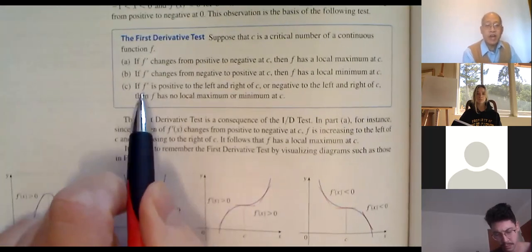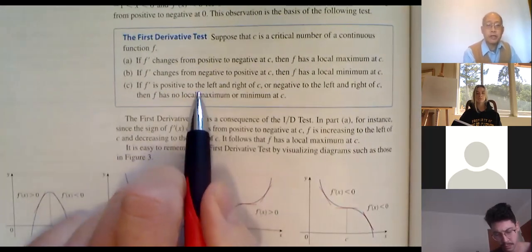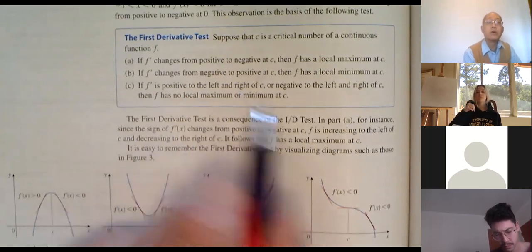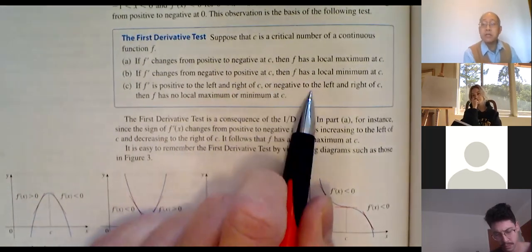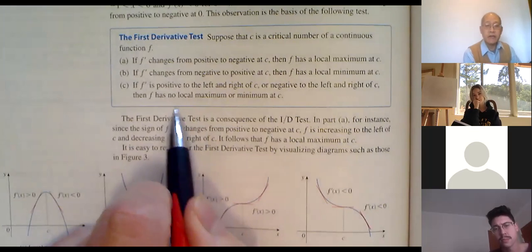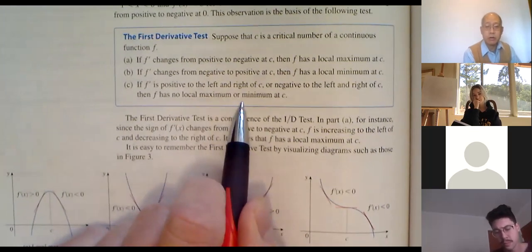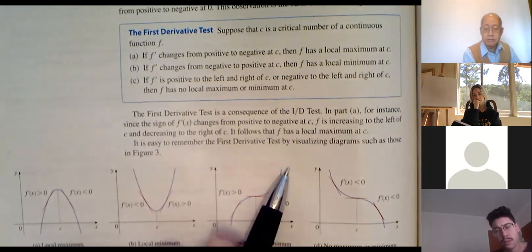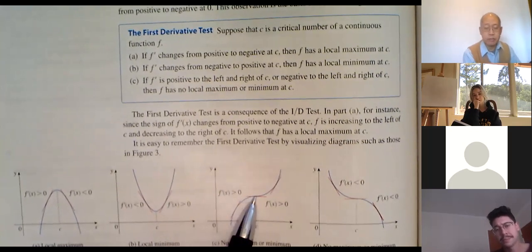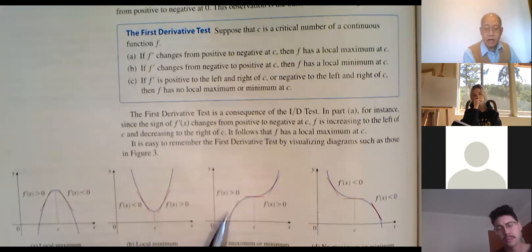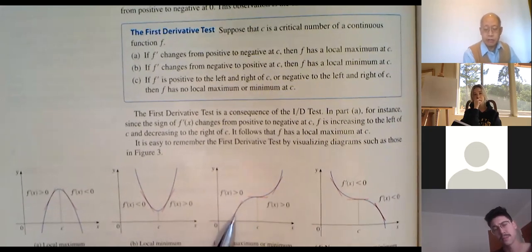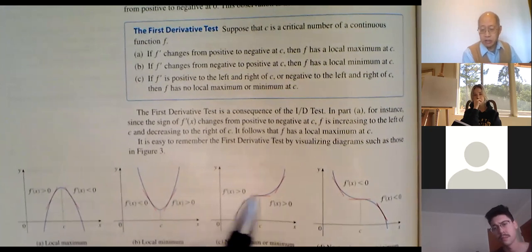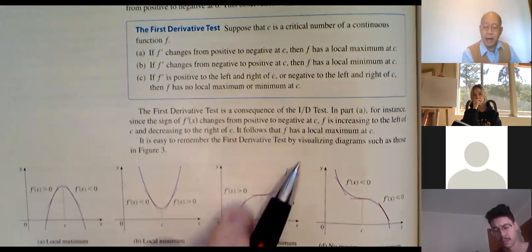C, if f prime is positive both to the left and the right of c, or they're both negative to the left and right of c, then f has neither a local maximum nor minimum. So if you go up and then you go back up, that's not counted as a maximum or minimum. I've seen rides do that, where you go up, reach the intersection, level off, and then go back up again.